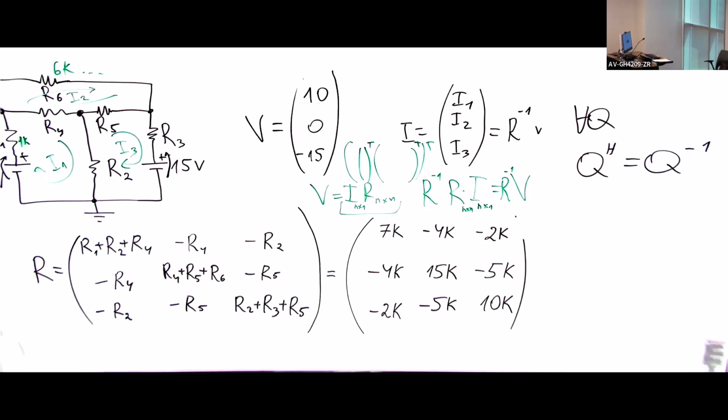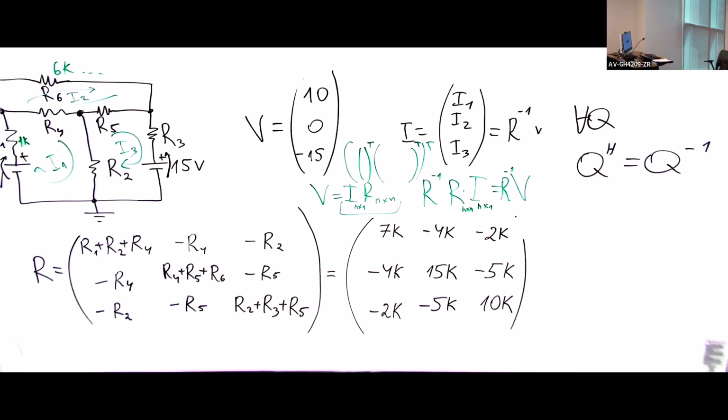So if Q is the matrix, yes, the constraint for both the real and the complex should be that the transpose should be the inverse, such that if you multiply the transpose by Q, you get I. So this one, Q^H Q will be I. This is the definition of what inverse means.